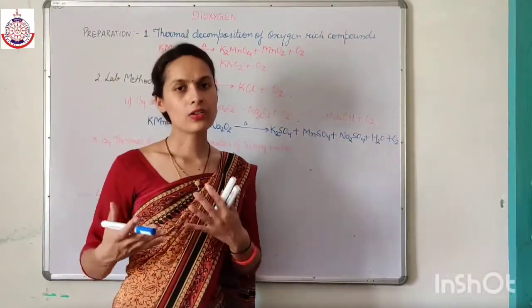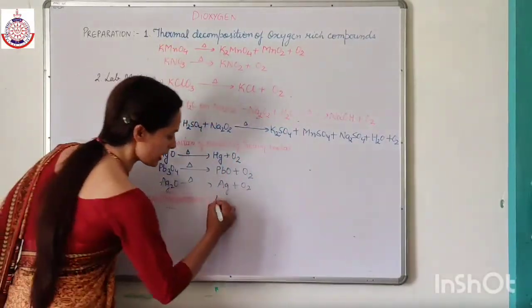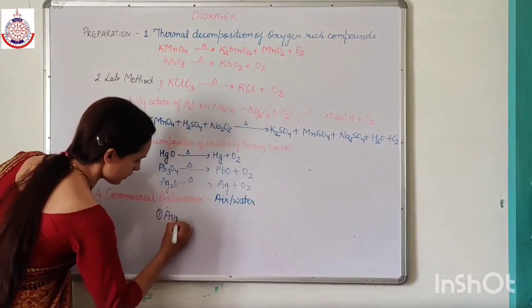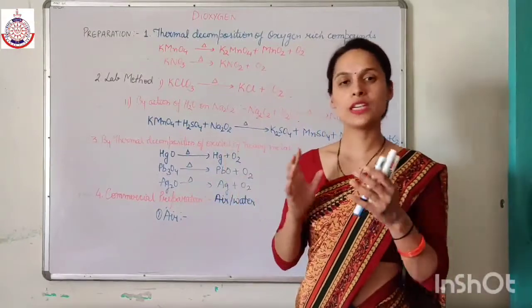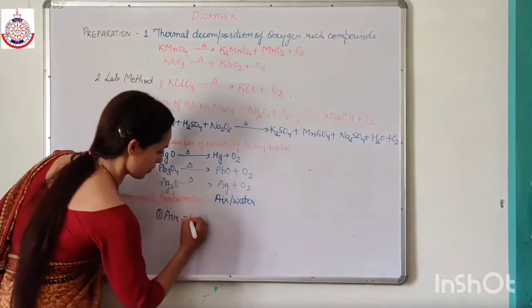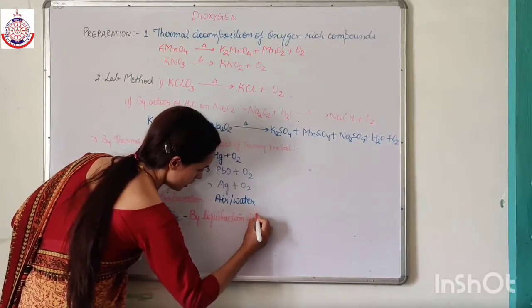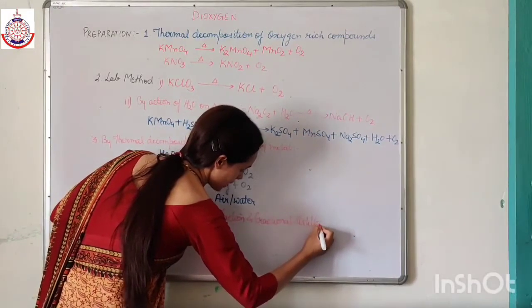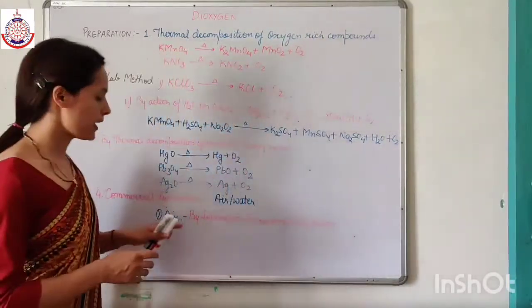First, through air, we can prepare a large amount of dioxygen by liquefaction followed by fractional distillation of air.